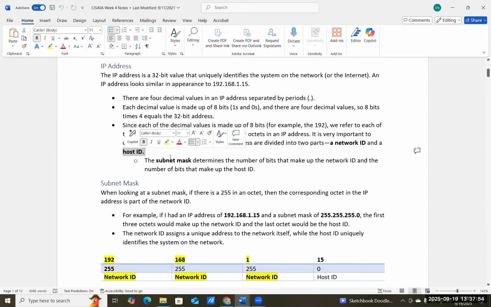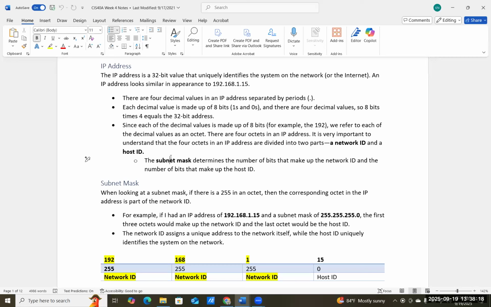So each IP address will consist of a network ID and a host ID. One is to narrow down what part of the network that system belongs to. Two, the host ID narrows down which system is receiving or sending traffic. Think about it like a zip code and a home address.